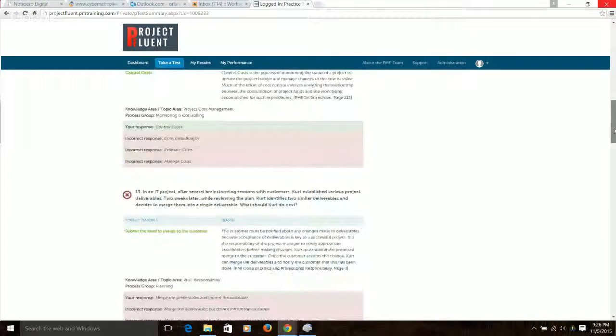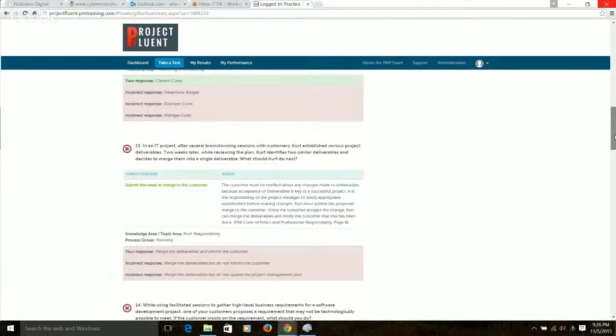Then number 13. We say in an IT project, after several brainstorming sessions, Kurt established the various project deliverables. Two weeks later, we're reviewing the plan. Kurt identifies two similar deliverables and decides to merge them into a single deliverable.